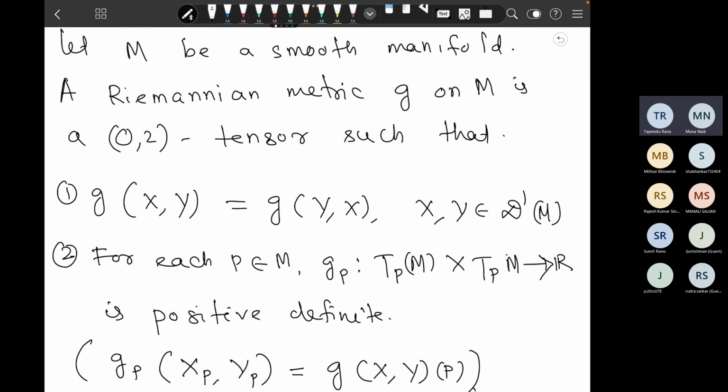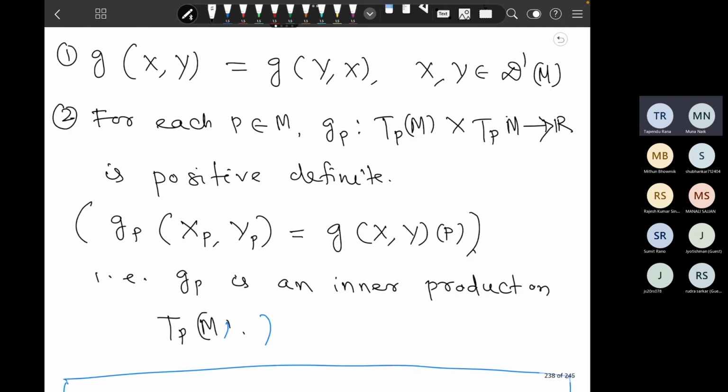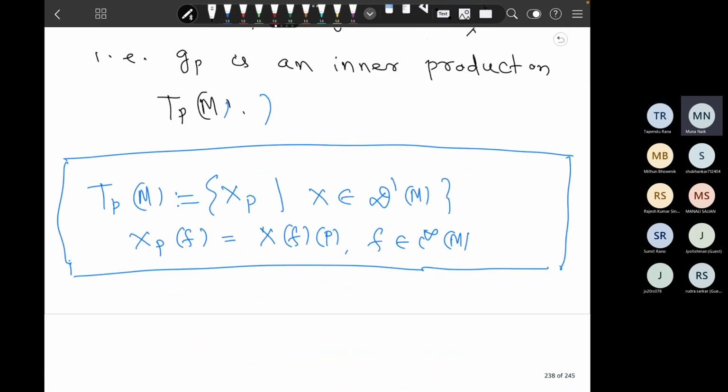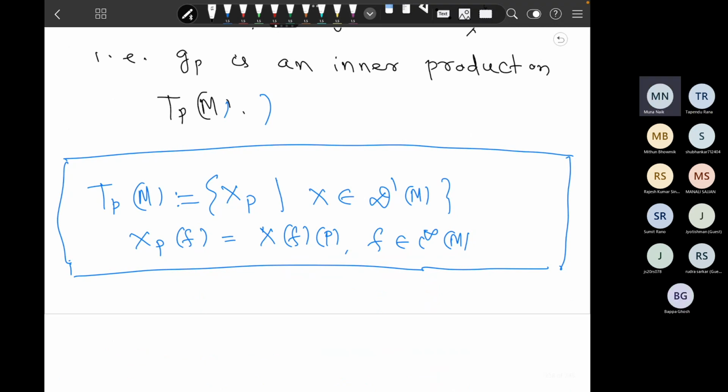If X is a vector field, then X_p belongs to T_pM. But given a point in T_pM, how are we going back to a vector field? This is the wrong thing actually I wrote. Any tangent vector is some X_p.